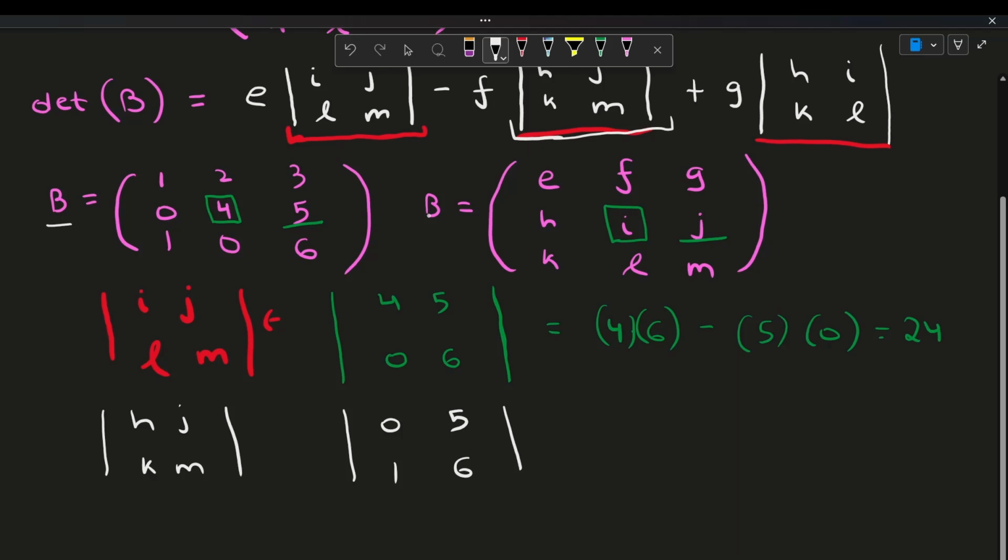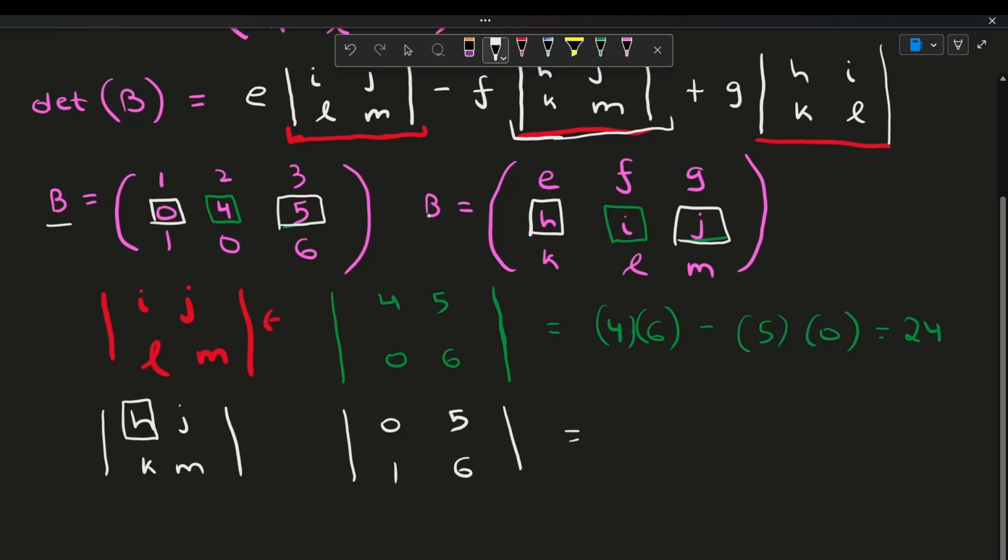So why is that? It's because h right here is equal to this h, and h is 0. And then j, as we saw last time, that is 5. So 0, 5, and then so on. We just plug in whatever the values are from the question we have.